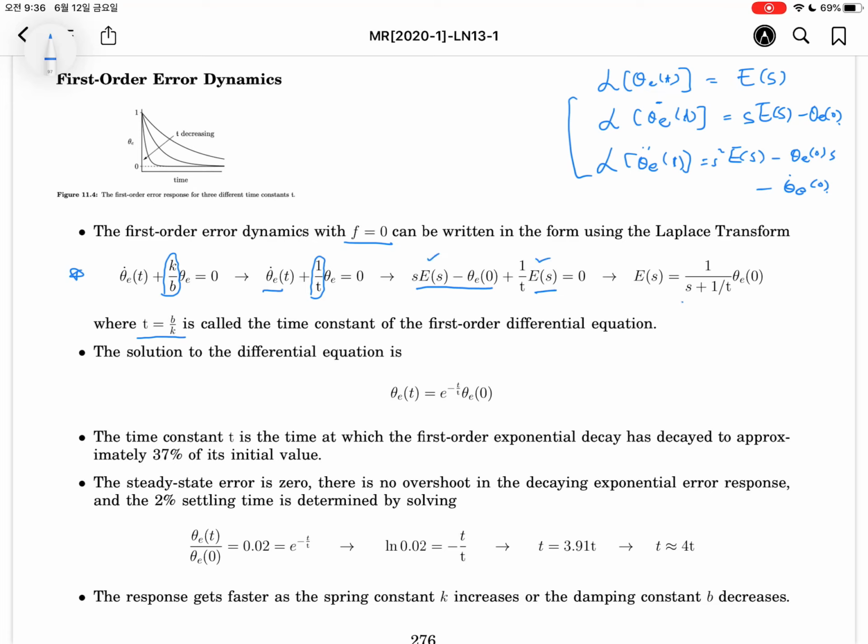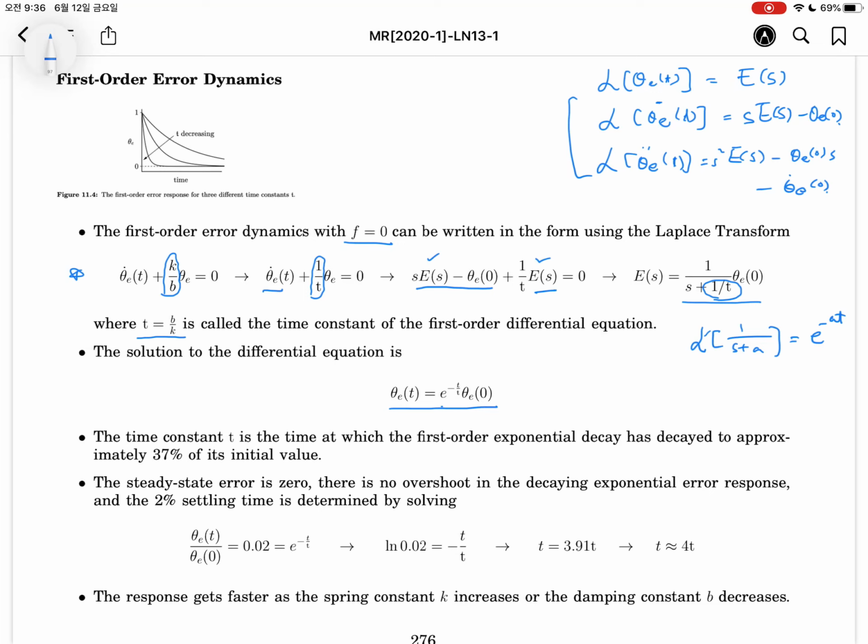Okay, let's collect E(s). Then we have this equation. Maybe the inverse Laplace transform of 1 over s plus a. What is that? e to the minus at. So it is corresponding to the a. So we have e to the minus t over tau times theta e.